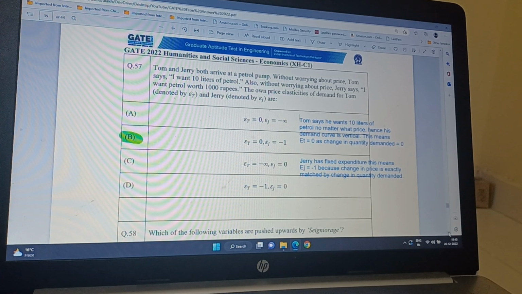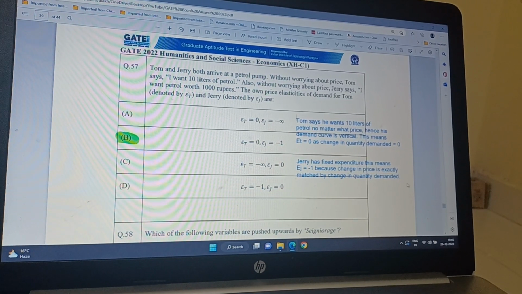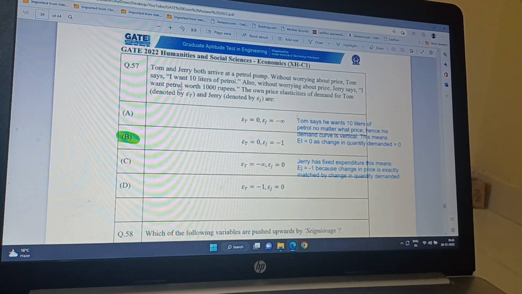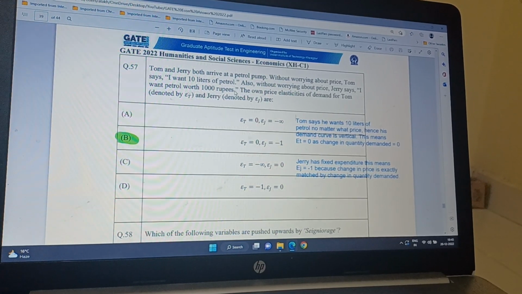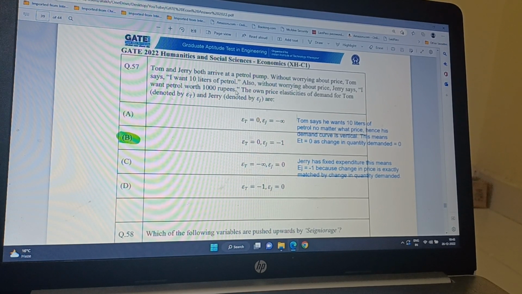So how do we see the elasticity of demand? When income or expenditure is fixed, like Jerry, he said, I want petrol worth 1000 rupees. No matter what the price of petrol is, if it is 100 rupees a liter, he will buy 10 liters.